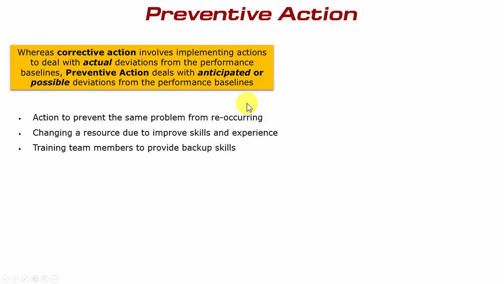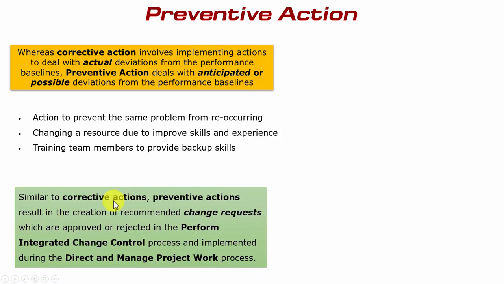If on your journey to work on the radio you hear that a certain motorway or freeway is heavily blocked, then you may detour off and go via a back road to get to your ultimate destination. That would be taking preventative action. So similar to corrective actions, preventive actions result in the creation of recommended change requests, which are either approved or rejected in the Perform Integrated Change Control process.